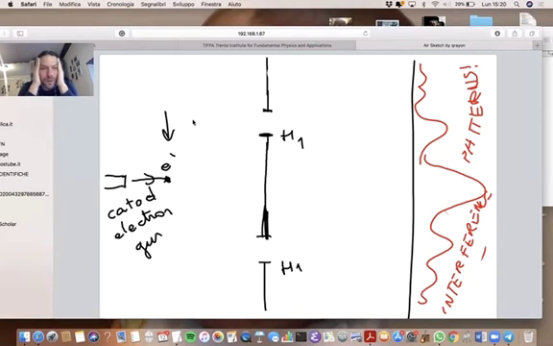So remember what we said about waves. If we see an interference effect, the interpretation of that is the probability.